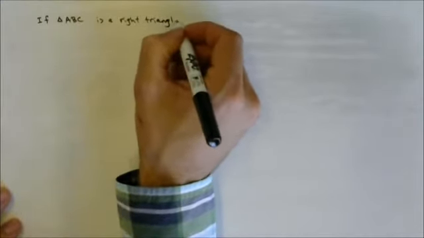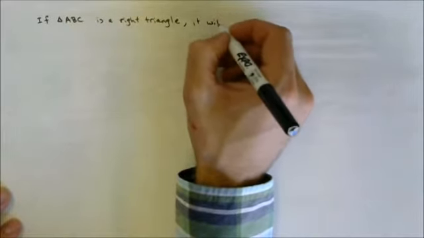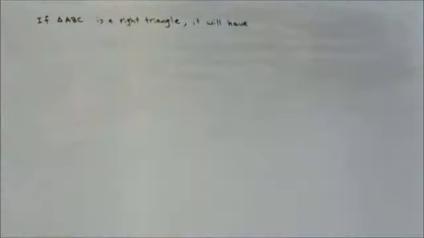If triangle ABC is a right triangle, it will have a right angle. But I can't determine a 90-degree angle algebraically. What can you determine? The Pythagorean theorem. It would be a right triangle if it satisfies the Pythagorean theorem.